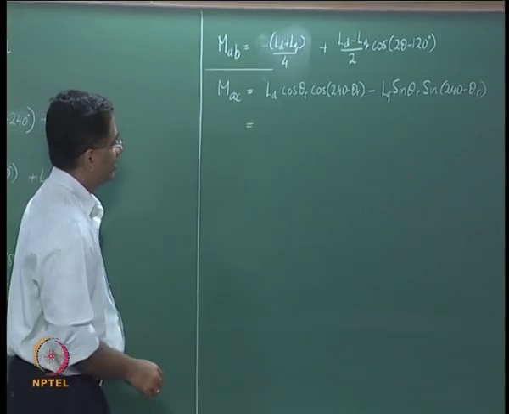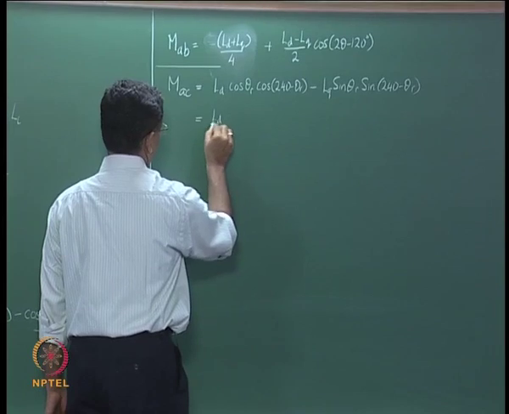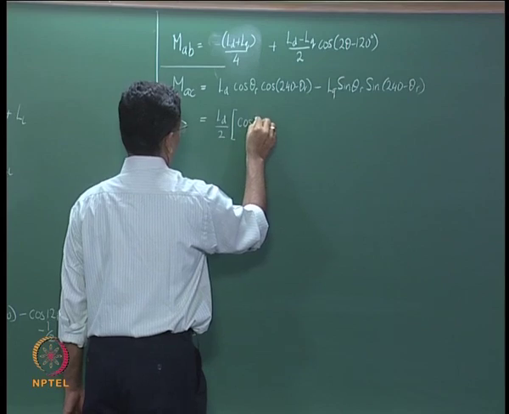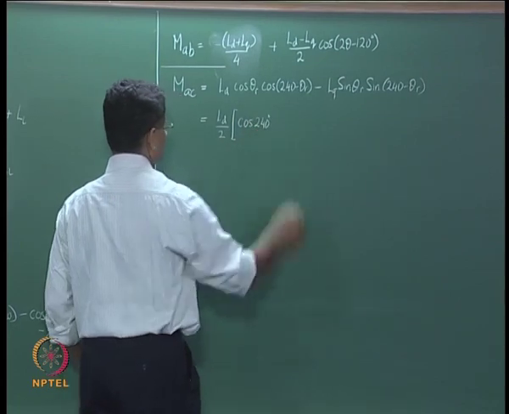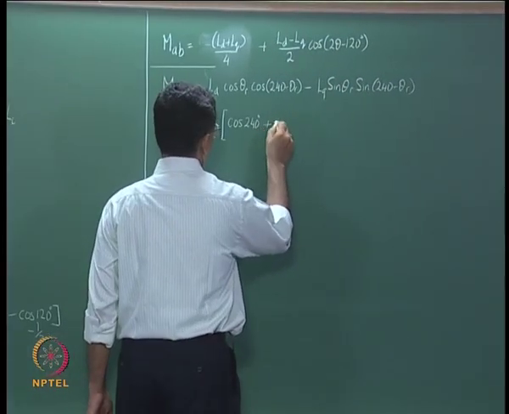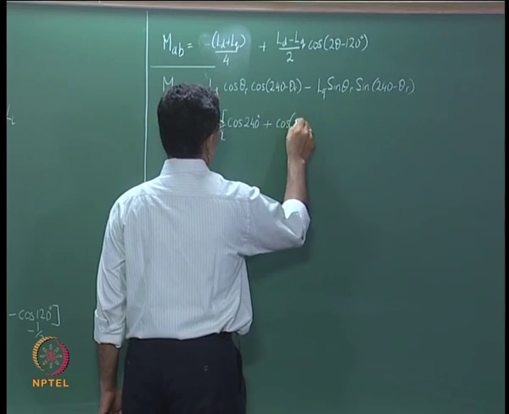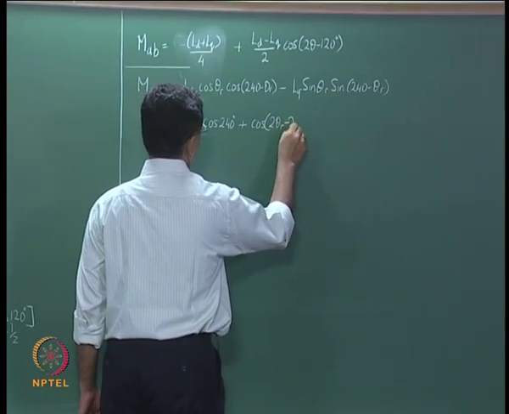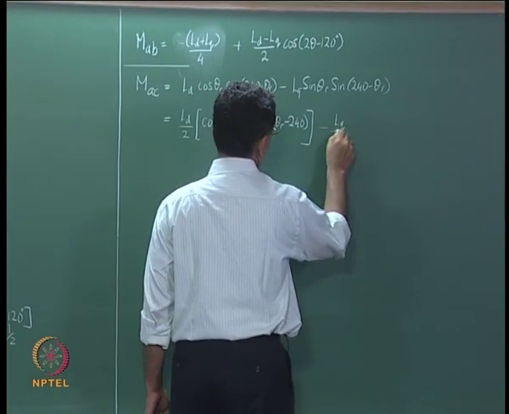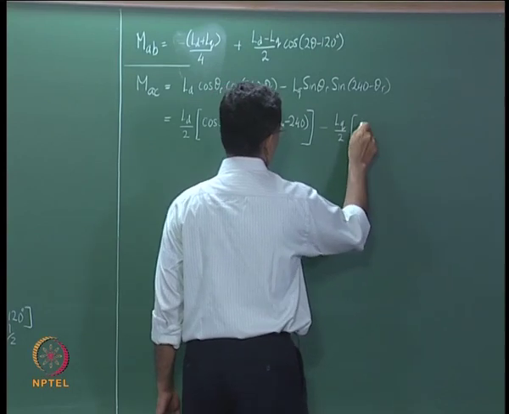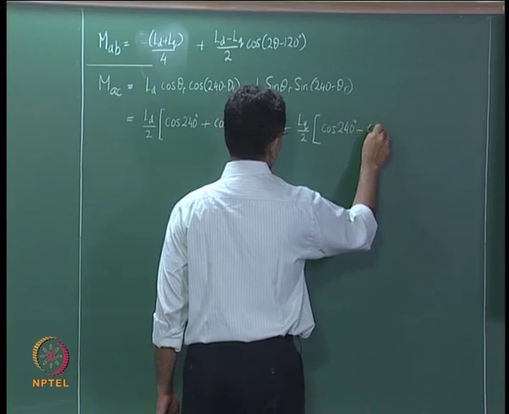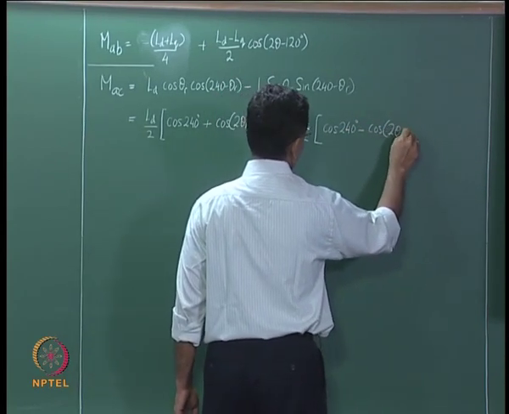So this is again the same kind of relation. So you have LD by 2 multiplied by cos of 240 degrees, cos A plus B plus cos A minus B, and therefore plus cos of 2 theta r minus 240, and minus LQ by 2 into cos of 240 degrees minus cos 2 theta minus 240 degrees.